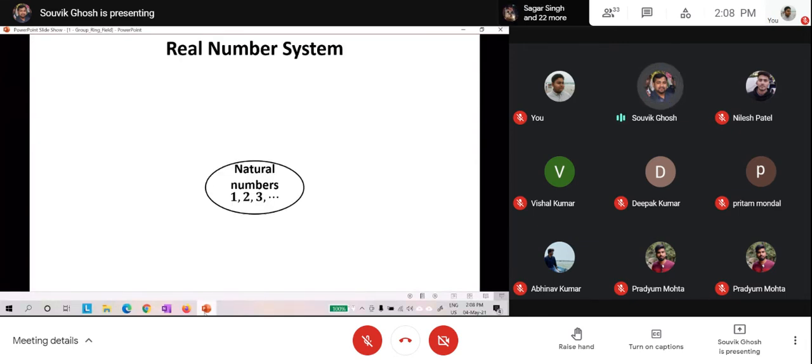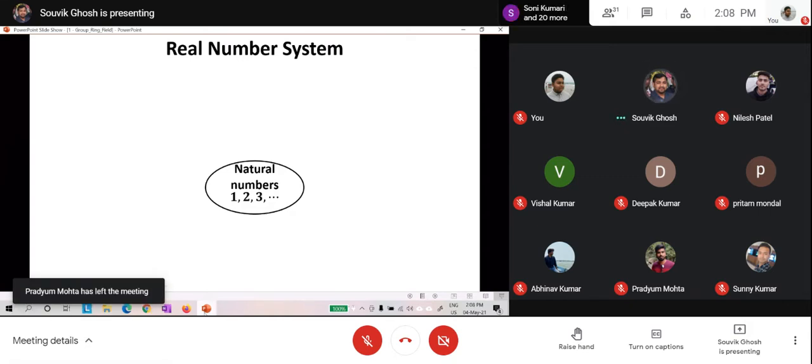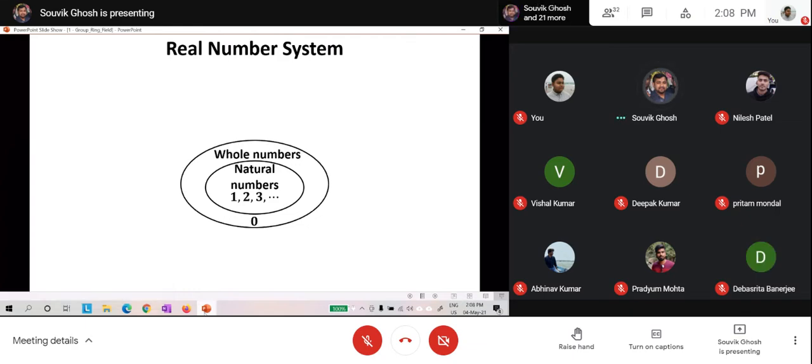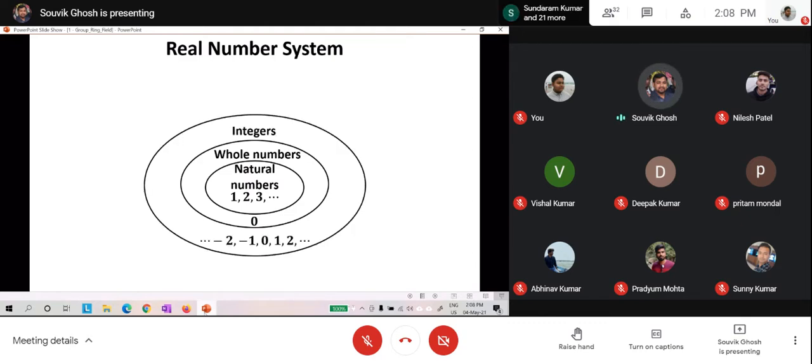At first you learned natural numbers, that is you started to count, 1, 2, 3, identifying these numbers. Then you extended this to whole numbers by adding 0. Then you extended this to integers by adding negative natural numbers to the whole numbers.